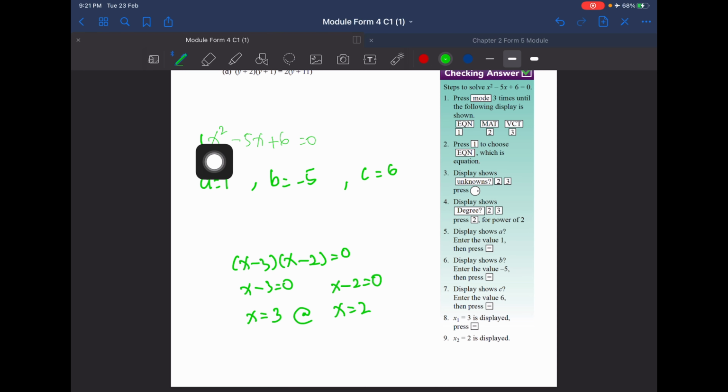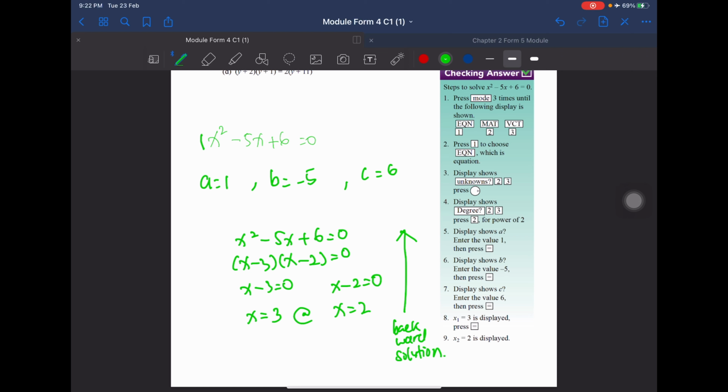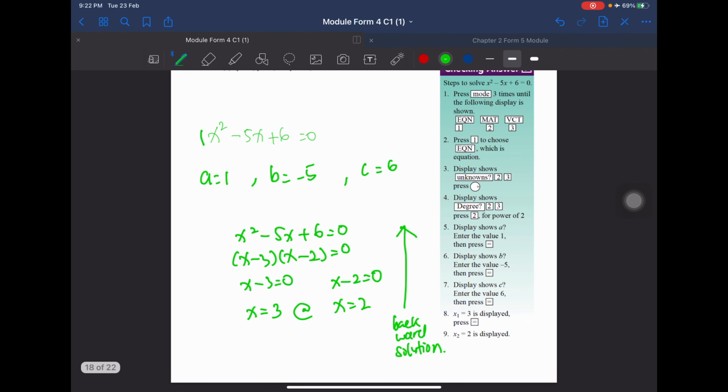Then salin balik kita punya soalan tadi. So kita ada X square minus 5X plus 6 equals to 0. So this is what we call backward solution. Mudah sahaja. Awak boleh buat untuk semua soalan yang macam ni.